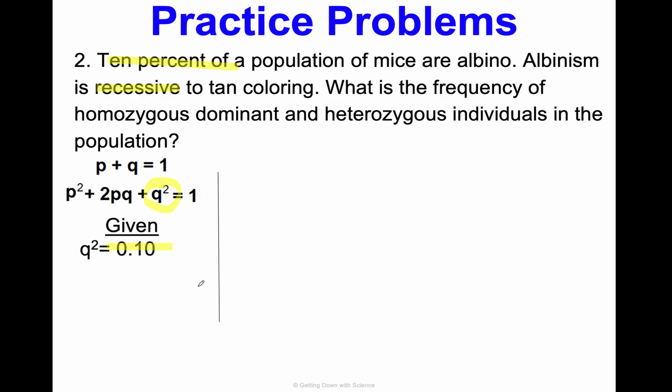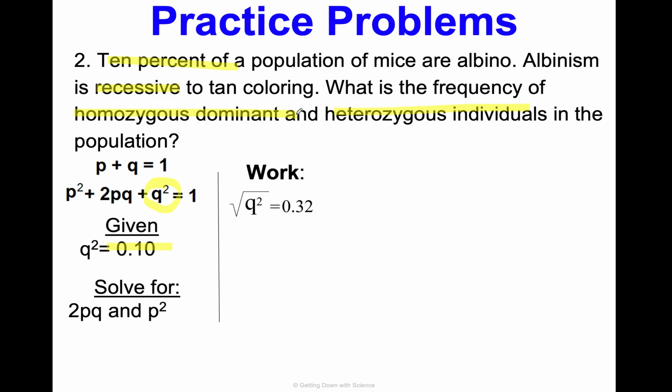We put it into a decimal form and we solve for 2PQ to get our heterozygote individuals, and P squared for our homozygote dominant individuals. So here's what we do. Remember, step 1, regardless of what you're trying to figure out, work out your P's and Q's. So P plus Q equals 1. We're going to square root our given value, and we'll solve.